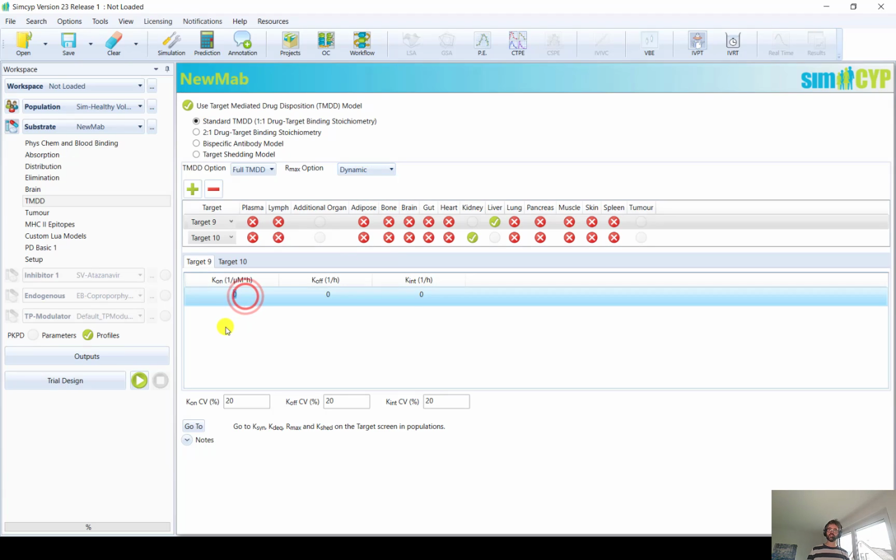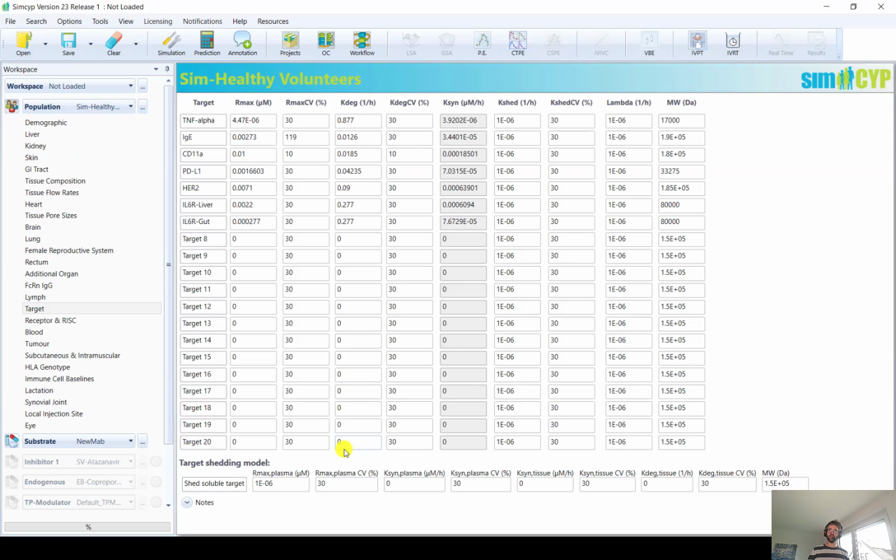And then we can start to enter our values here. But how do we define the target abundance in general? For that we have a little go-to button below here, which we can click on. It moves us to the population target screen, and here we can start to define our target. So we can call this new target liver, and we can call this new target kidney.